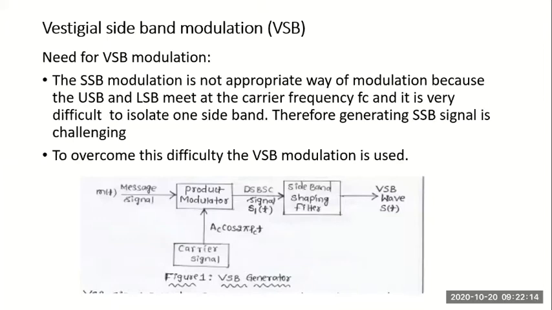Now, why do we need this vestigial sideband modulation? What is the need for vestigial sideband modulation? This is basically needed because we said we can use SSB whenever the messages were significantly separated in the low frequency range, or the messages had almost zero low frequency content.